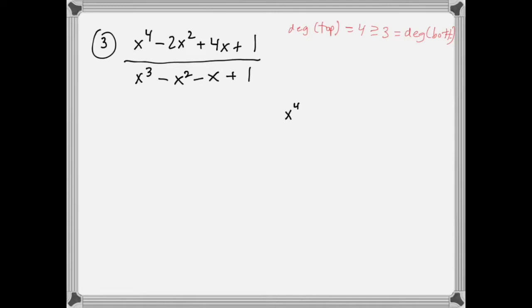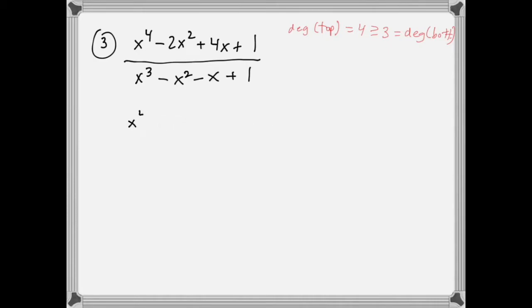So let's do x to the 4th plus 0x cubed minus 2x squared plus 4x plus 1. And we're going to divide that by, I did not leave enough room.